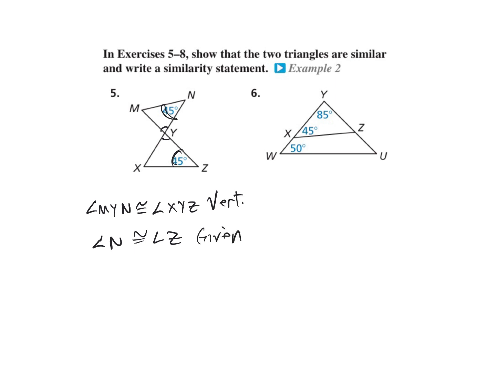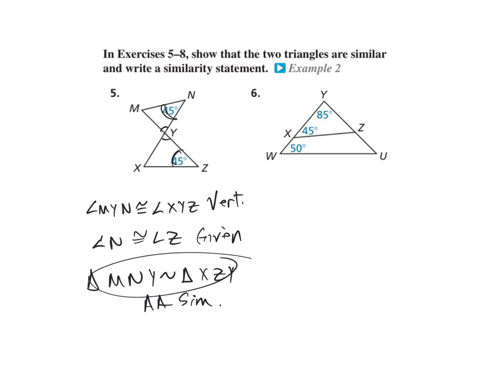And then we can say that triangle MNY is similar to triangle XZY, and that is the angle-angle similarity statement. If you have two angles that are the same, then the other angles have to be. And therefore, these two triangles are similar. And that's your similarity statement.